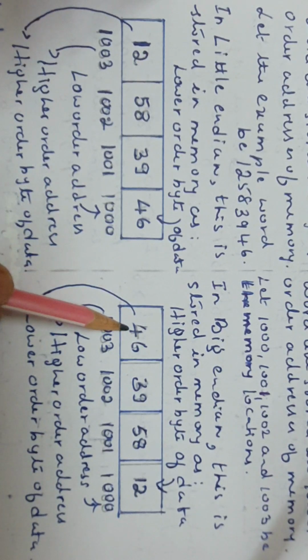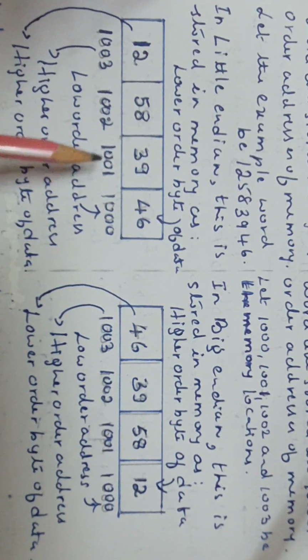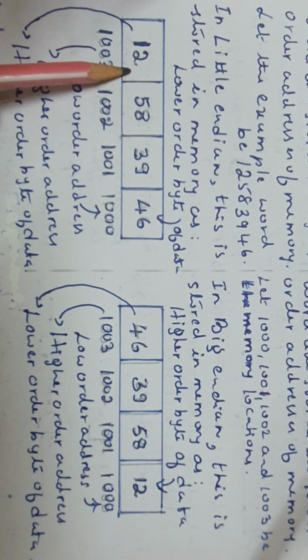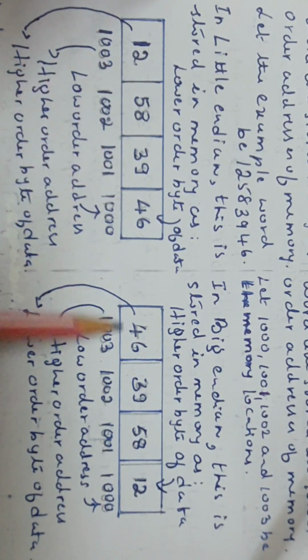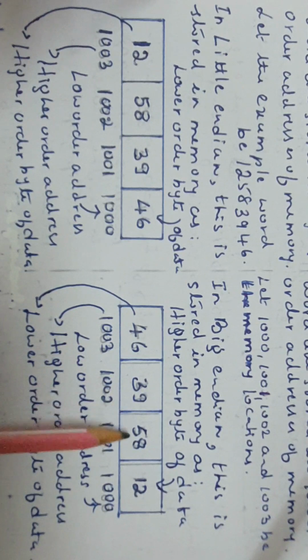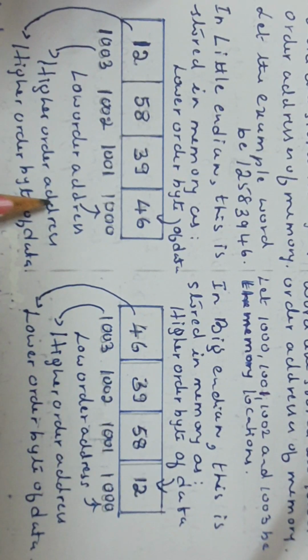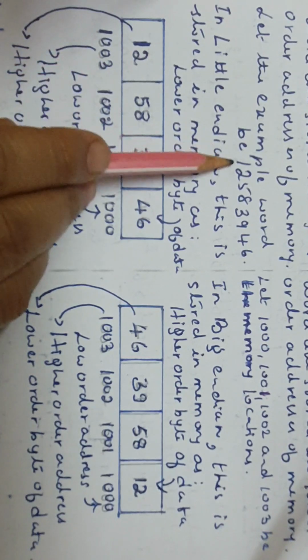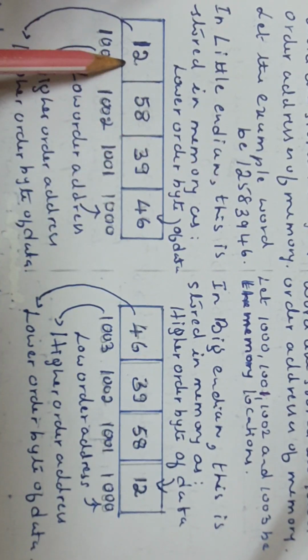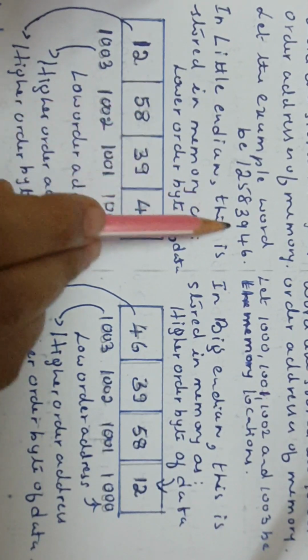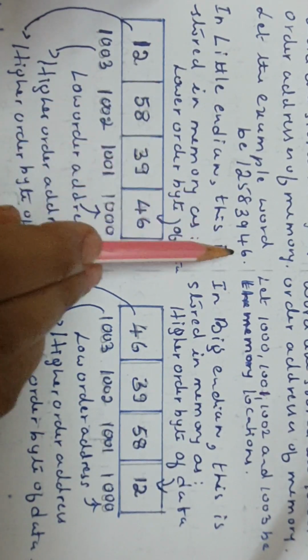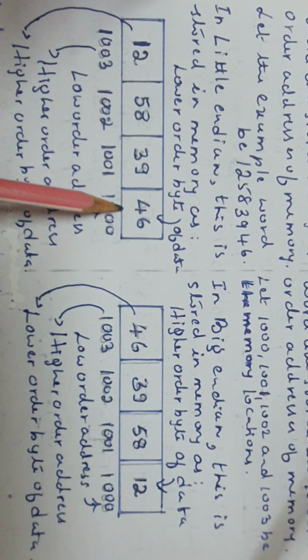This figure and this figure show 4 memory locations each. So this is 1 memory location, second, third, fourth. Likewise 1, 2, 3, 4. The same memory locations are shown here. Now 1 byte means 1 memory location, another byte goes in the second memory location, this one in the third memory location, and this one in the fourth memory location.